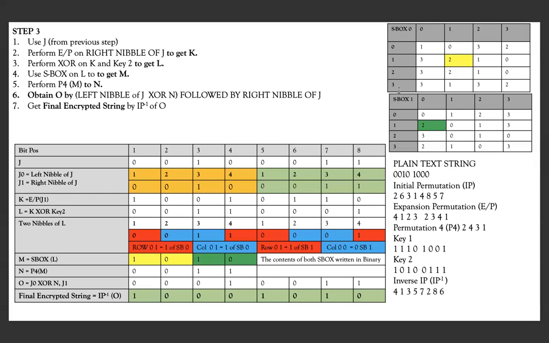So in that case, for SB1, row 1, column 0 holds the value 2. I have written the value 2 in binary. So 2 from SB0 and 2 from SB1, both 2's written like so. After performing S box on L, we get the result of this nibble 1010, and we're going to call this M.